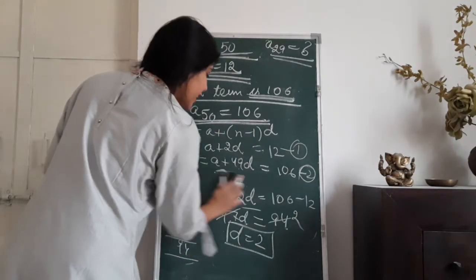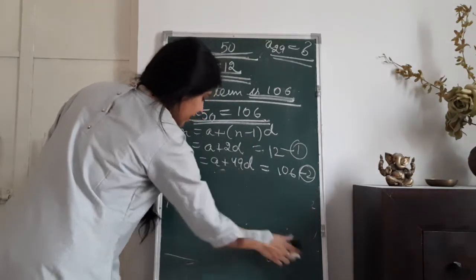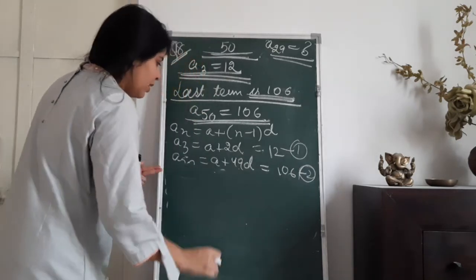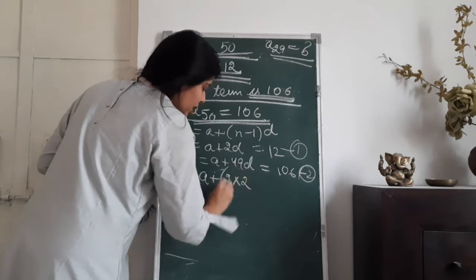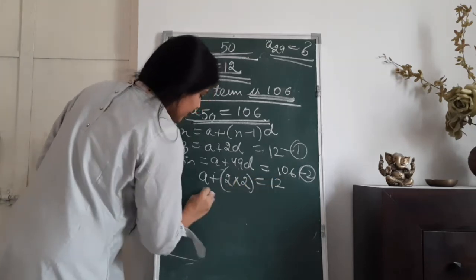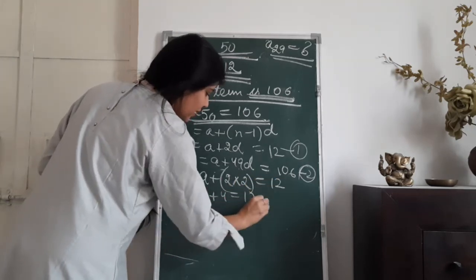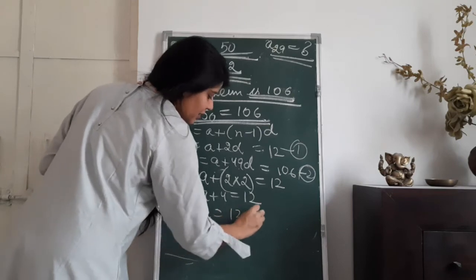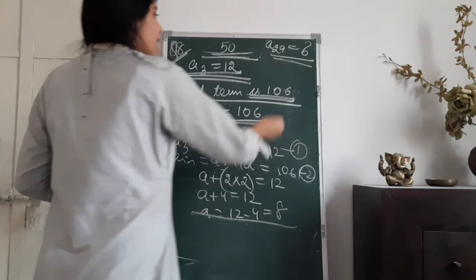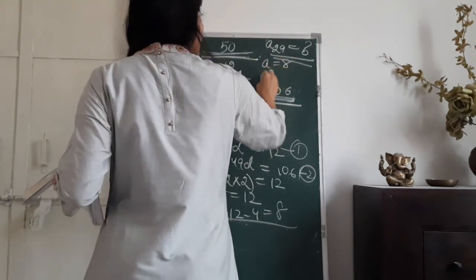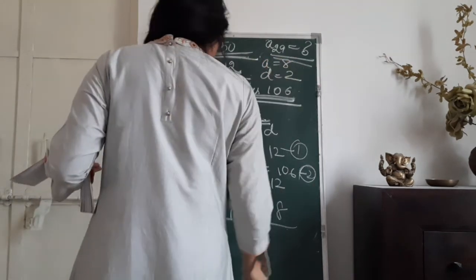Right. Now putting the common difference as 2 in the first equation, I get A plus 2 into 2 is equal to 12. That is A plus 4 is equal to 12. A is equal to 12 minus 4, that is equal to 8. So I have the value of A as 8 and D as 2. Okay.